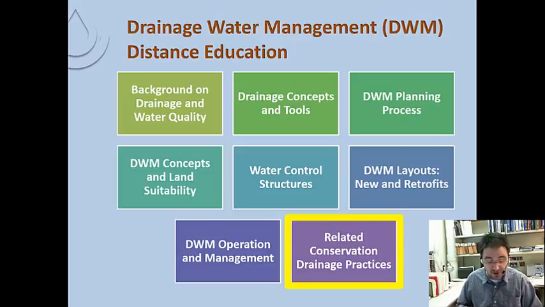Doing drainage water management 2 years after the drainage system has been installed is probably not the best way to do it because we may not have laid that drainage system out to readily accommodate drainage water management. In that case, we may have a retrofit and it may be a lot more difficult. Gary Sands will talk more about that as you move forward.